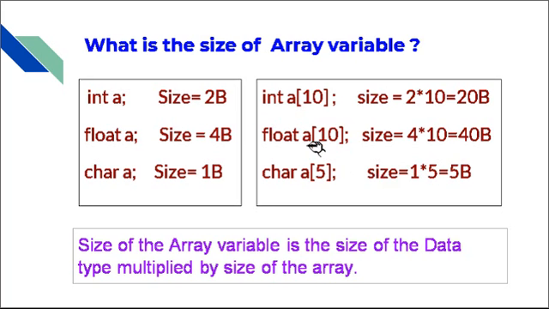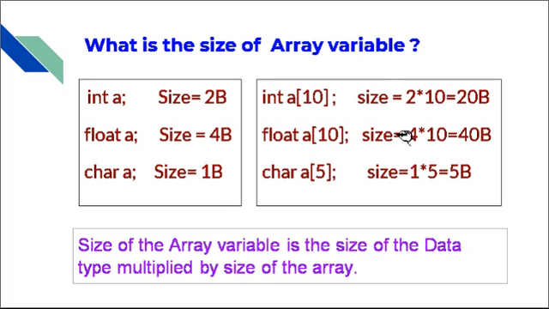Okay, that is how we can calculate the size of the array. So size of the array variable is the size of the data type multiplied by the size of the array. 2 into 10: 2 is the size of the data type, 10 is the size of the array. 4 into 10: 4 is the size of the float, 10 is the size of the array. 1 into 5: 1 is the size of the char, 5 is the size of the array A. Here size of the array is 5.